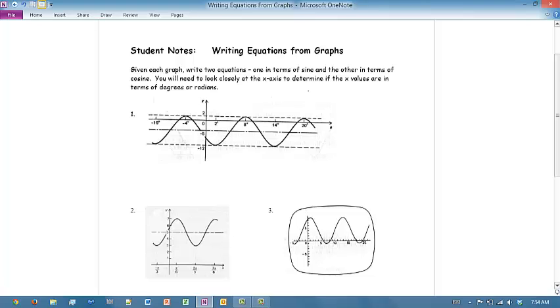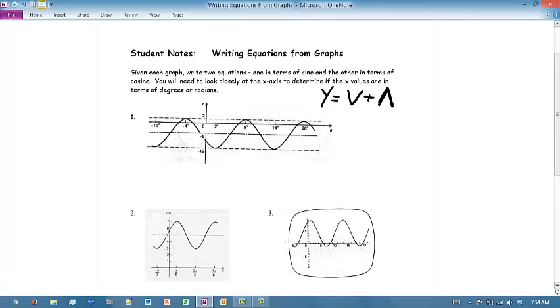So let me start off by remembering what our equations look like. First off, we have y is equal to a vertical shift plus our amplitude times either the sine or the cosine. I'm going to start off with the sine of the period of x plus or minus our horizontal shift.